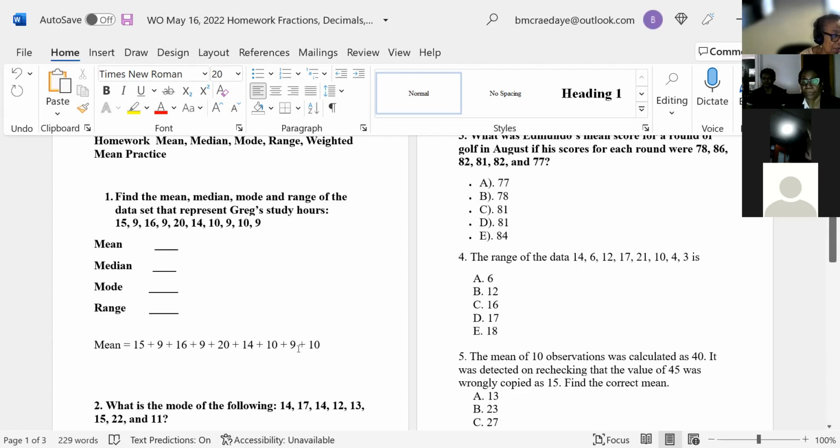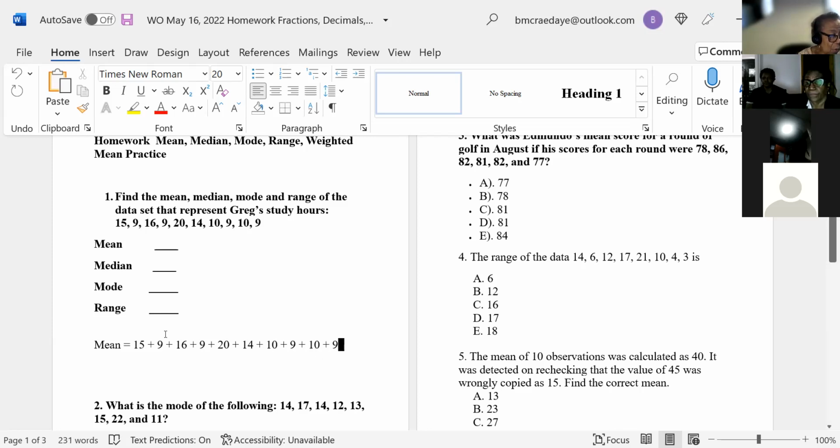Which one did we miss? A 9? We missed a 9. Okay, because there are 10. There are 4 9s. Okay.